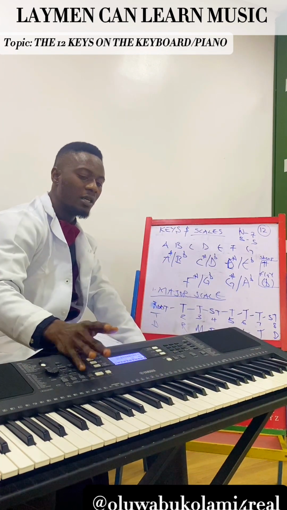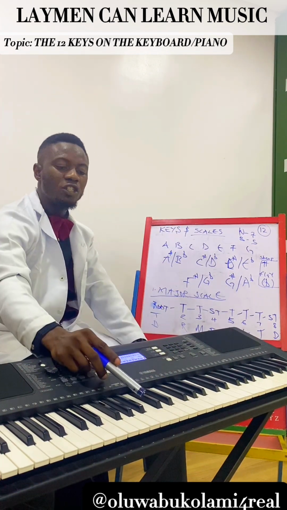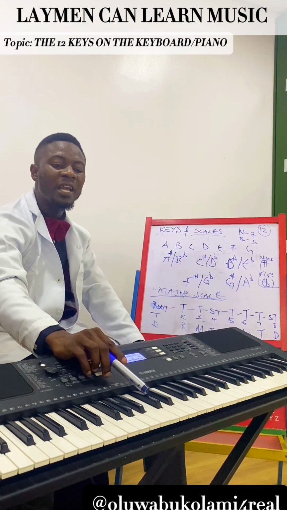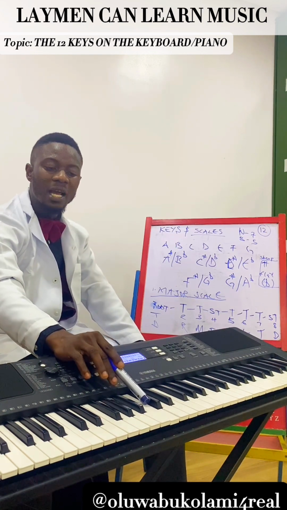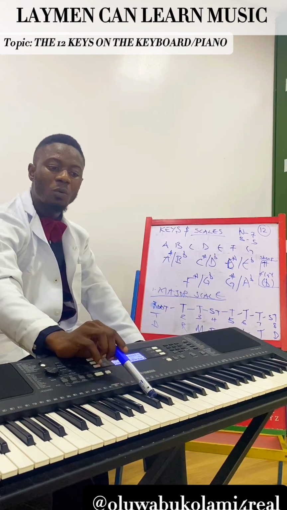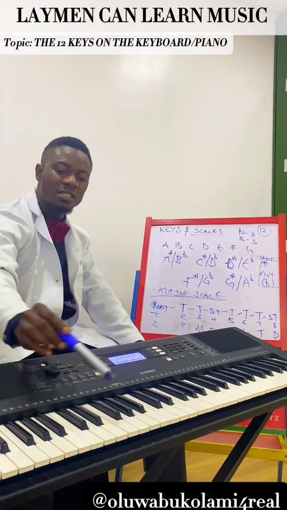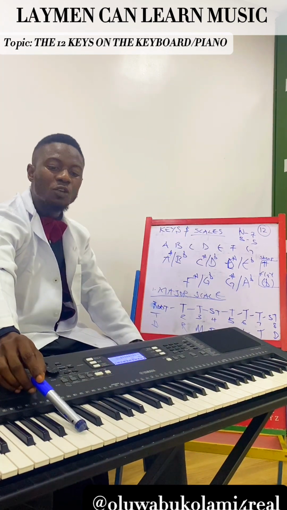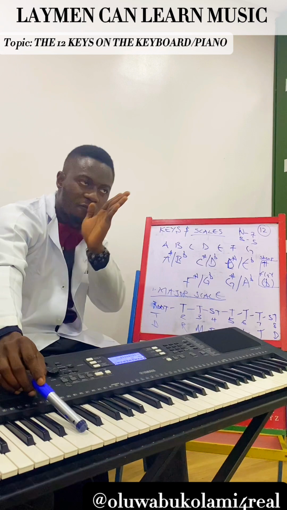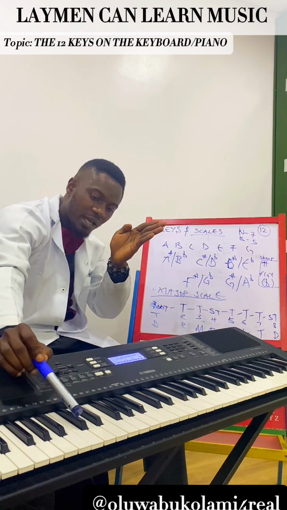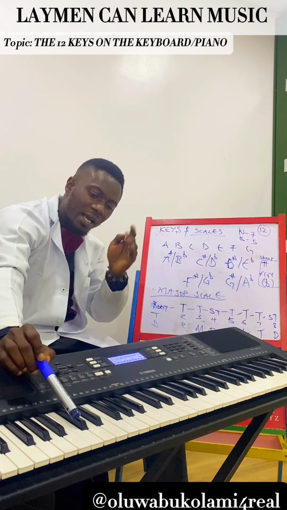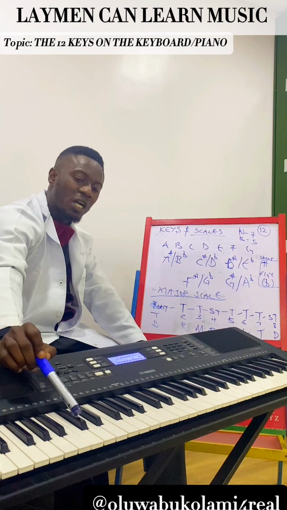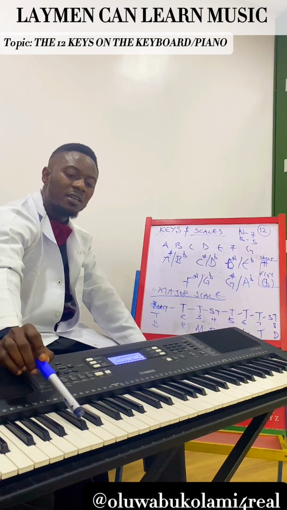Pay attention, please. So now what we are saying is that this black key can carry a name relative to this white key at the left or this white key at the right. Now this is key C. If C is going forward, it will get to this black key, and that's why they say C sharp. If you are raising C, that's C sharp.